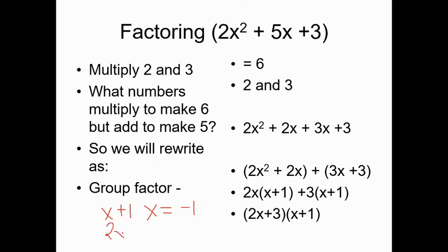And then the 2x plus 3 means that x is going to be equal to negative 3 halves for the other factor. So remember, factors are equal to 0, so we get to set these equal to 0 and then solve for x. And that gives us all our factors for that quartic function.